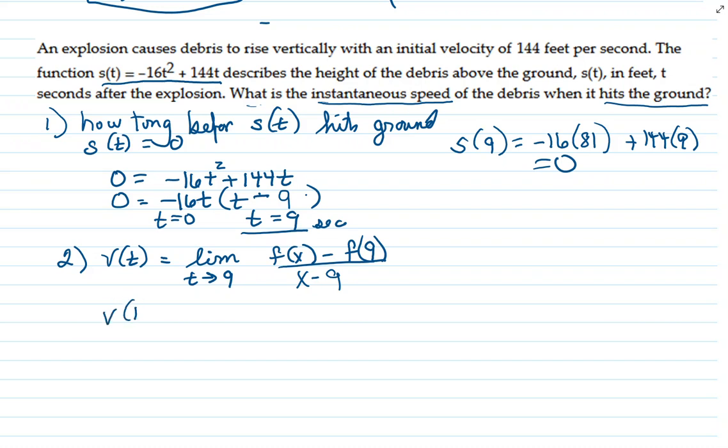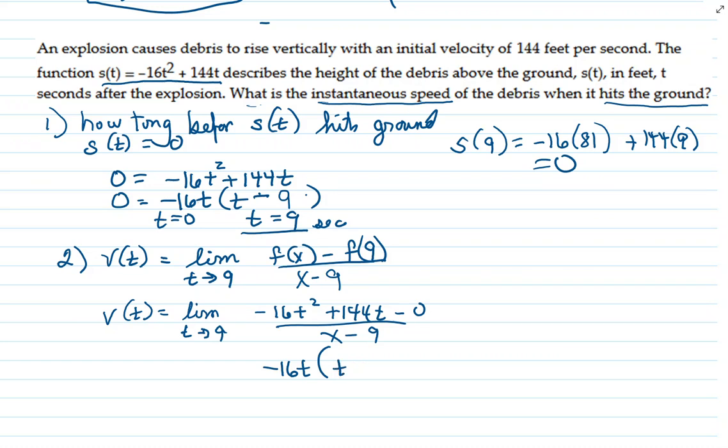So our velocity in terms of t equals the limit as t approaches 9 of negative 16t squared plus the 144t minus the 0 over t minus 9. So I've got a negative 16t times t minus the 9 over t minus 9, and I'm multiplying by 9.